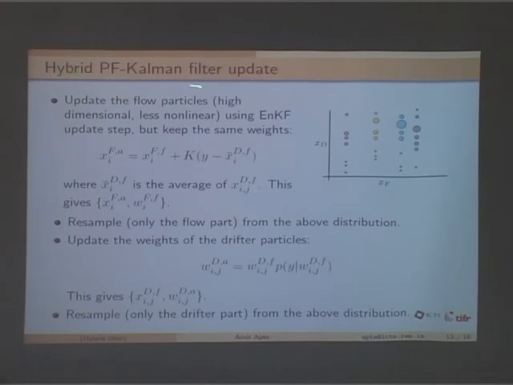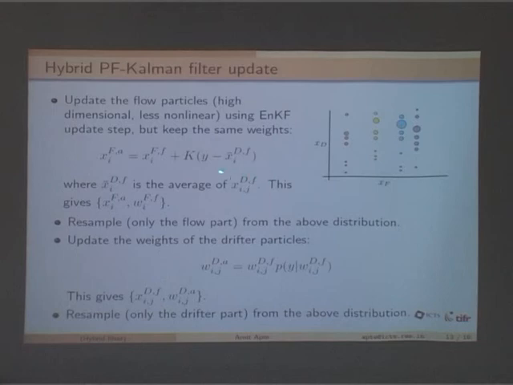We basically update the flow particles. These are the locations of the flow particles, XIF. Those are updated simply using the usual Kalman filter update, except that we use the average of all of these dots for updating the flow, and that happens for each of these particles.